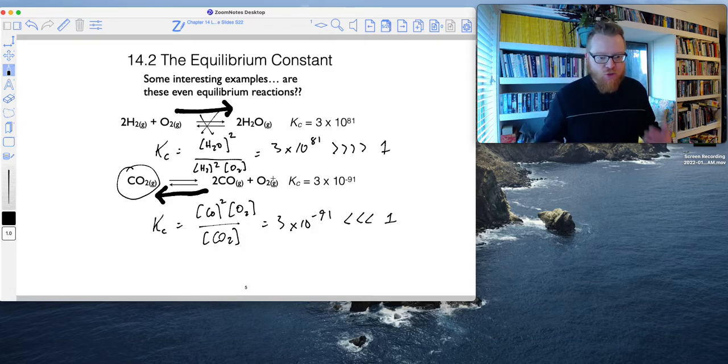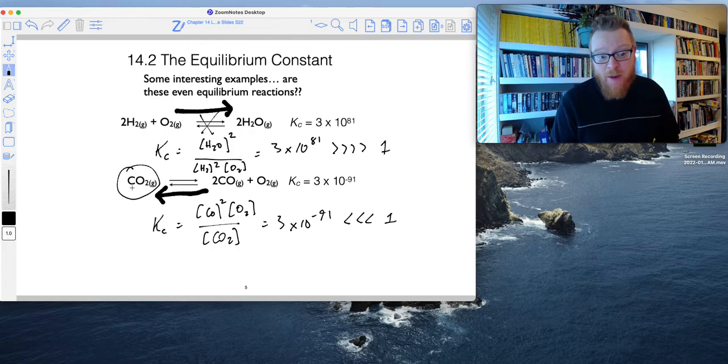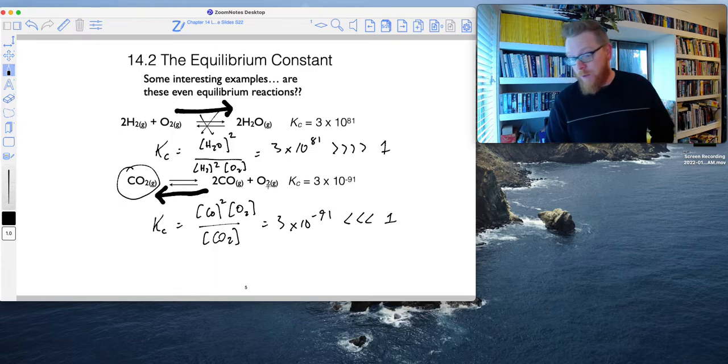CO2 is extremely stable, so it's not going to spontaneously do this forward reaction. However, if we had some carbon monoxide and oxygen, those two things will undoubtedly react to form CO2.